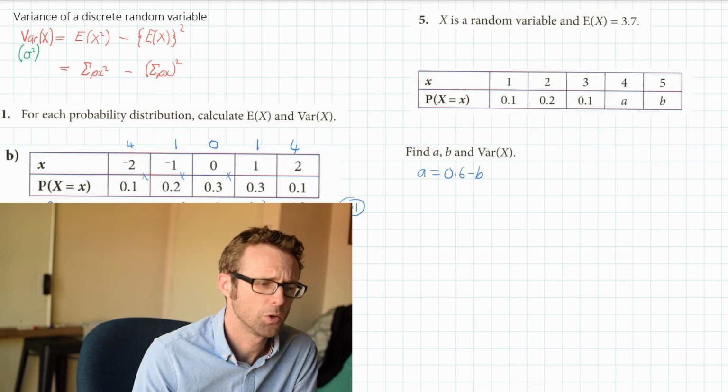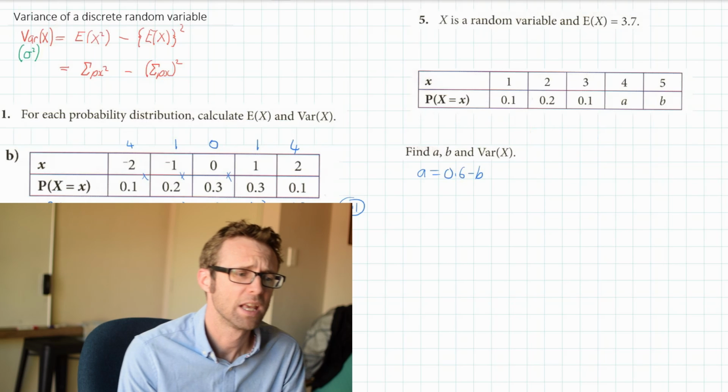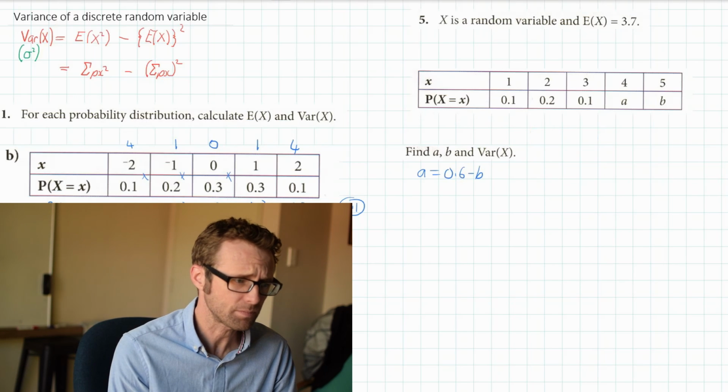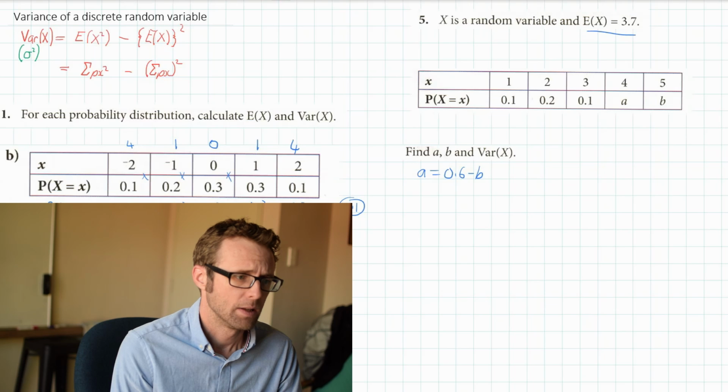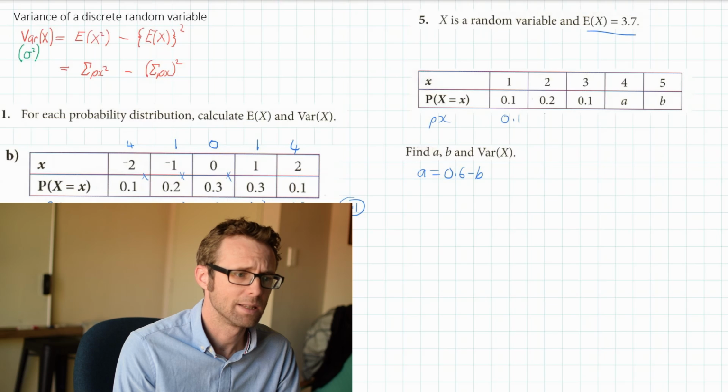Now, in order to figure out what a and b are, we're going to need some kind of simultaneous equation here. So the next thing I'm going to do is use my E(x) value. So I'm going to pop in an x p(x) here. So I get 0.1, 0.4, 0.3. Remember, we're multiplying x by p, the probability, 4a and 5b.